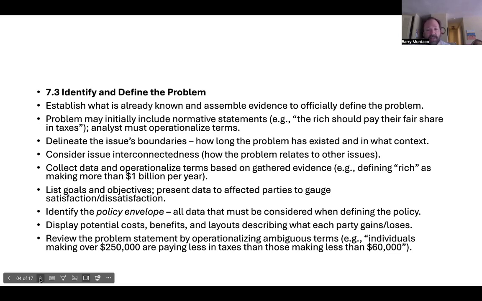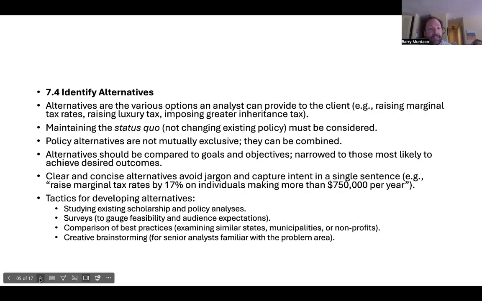Review the problem statement by operationalizing ambiguous terms. Again, individuals making over 250,000 are paying less in taxes than those making less than 60,000. This is a real issue, with the wealthy people paying less in taxes than people who make much less income.